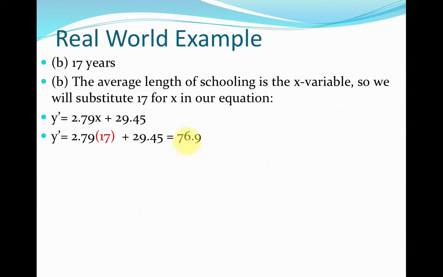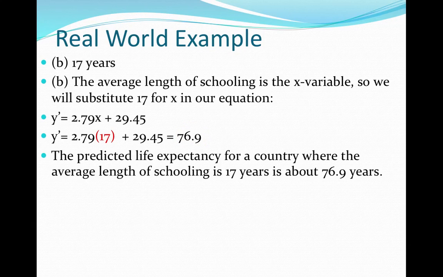Okay, now you will be told on web work or an exam how many places to round to. So this is rounded to the nearest tenth. And putting this into words, the predicted life expectancy for a country where the average length of schooling is 17 years is about 76.9 years. That's the predicted life expectancy.